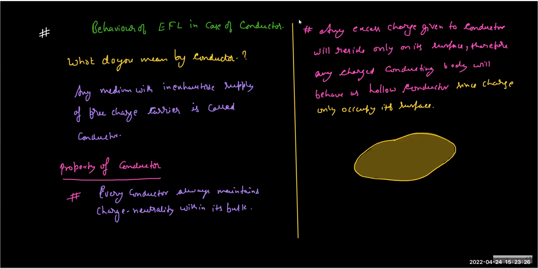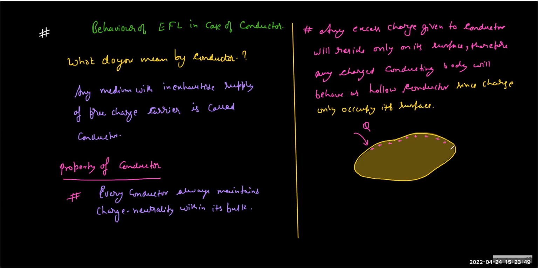So the simple rule is, if you supply charge, the bulk will never be the host for the charge, only the surface will host the charge. So all the guests will be part of the surface.